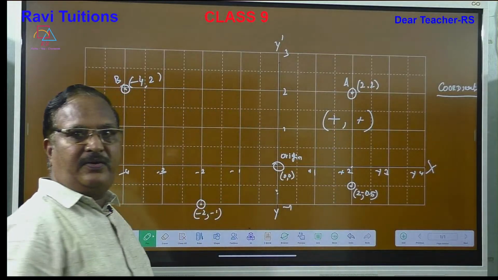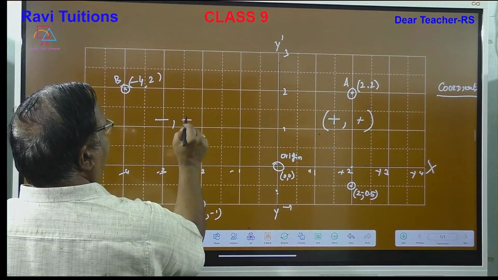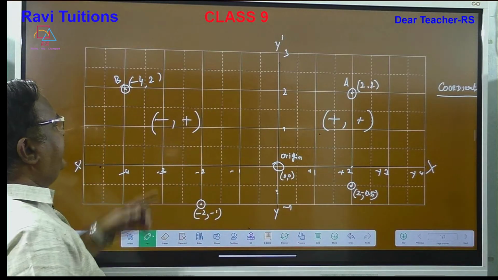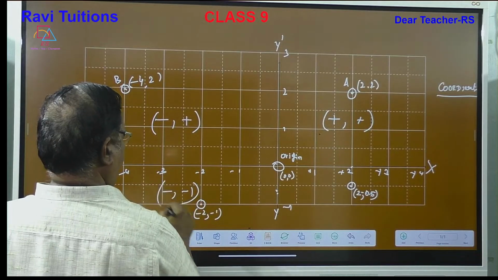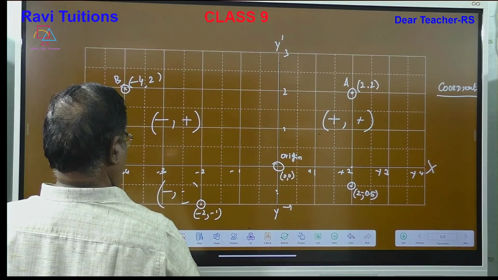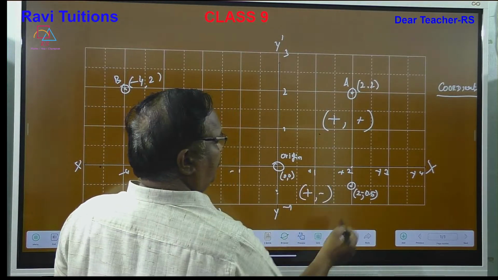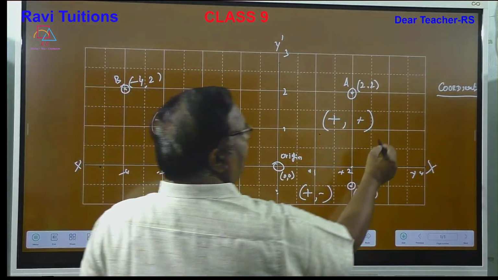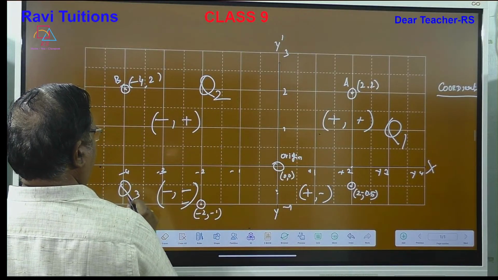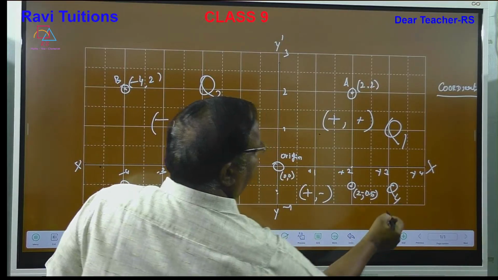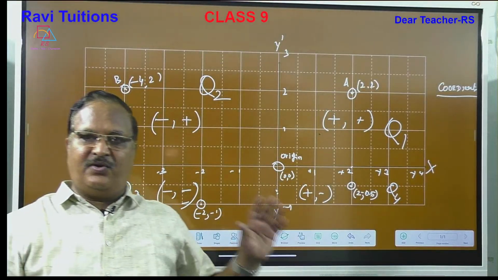Both the x coordinate and y coordinate are plus in this quadrant, and in this you will get minus and plus, and in this both will be minus, and in this plus and minus. We call this the first quadrant, this the second quadrant, this the third quadrant, and this the fourth quadrant. You have to go anti-clockwise. So this is what a coordinate plane is.